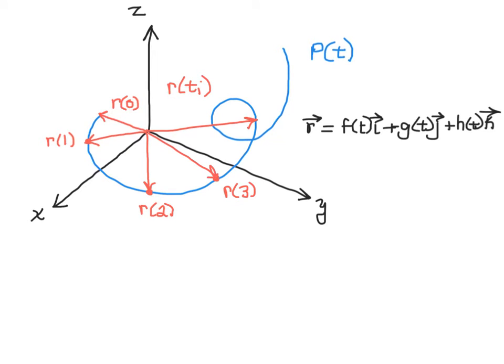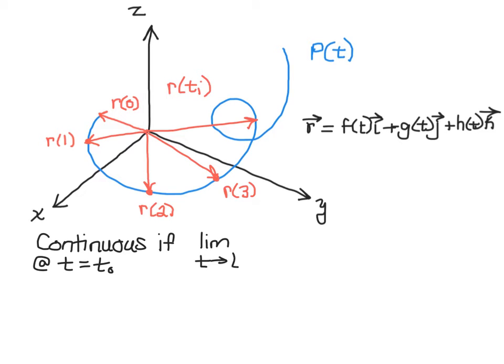Well, it is continuous at t equals t sub naught if the limit as t approaches t sub naught of r of t is equal to another vector L.